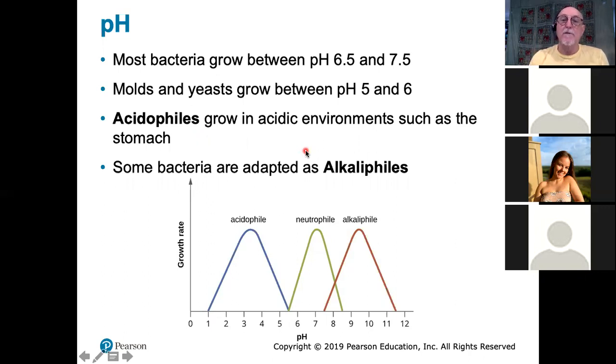They're growing down around about 2, 3. There's the optimum there. And the other group, far more common, pH 6.5 to 7.5, those we refer to as the neutrophiles. They're growing around neutral. And that is by far the majority of the prokaryotes that we are going to talk about.